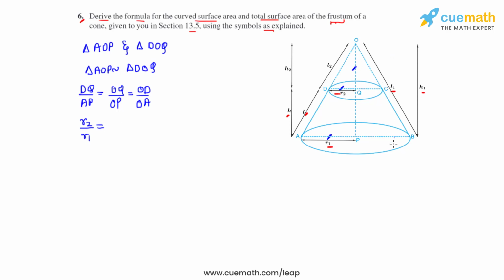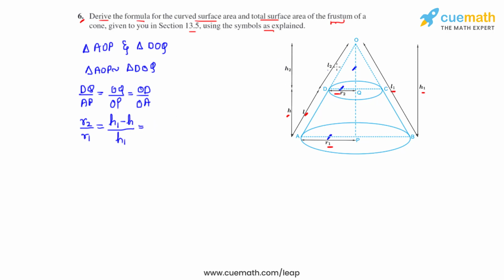OQ is the height which is left over. We know that the total height of the bigger cone OAB is H1 and the height of the frustum part is H. So we can find the length of OQ by subtracting these two, and we get H1 minus H, divided by OP, which is H1. And that equals OD by OA.